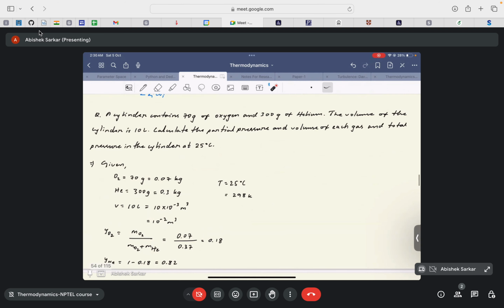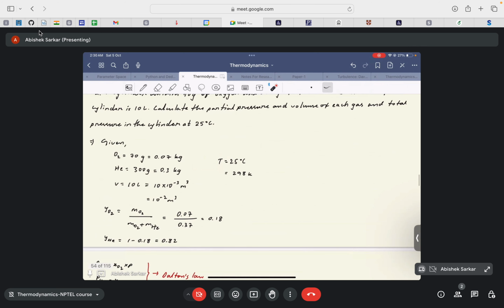Since the mass of each gas component is already given, you may think that we are asked to find the partial pressure, and we know the partial pressure varies with the mole fraction of these gas components. But there's no clue to find the mole fraction because you're not given the molecular weight.